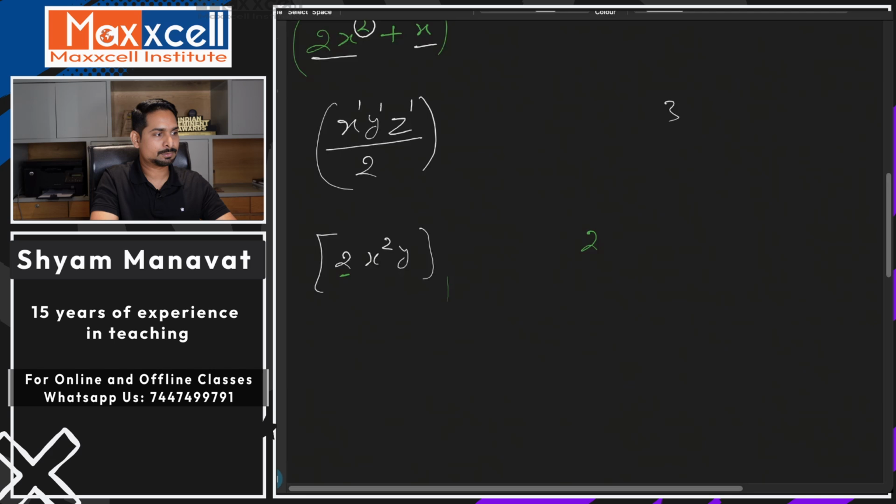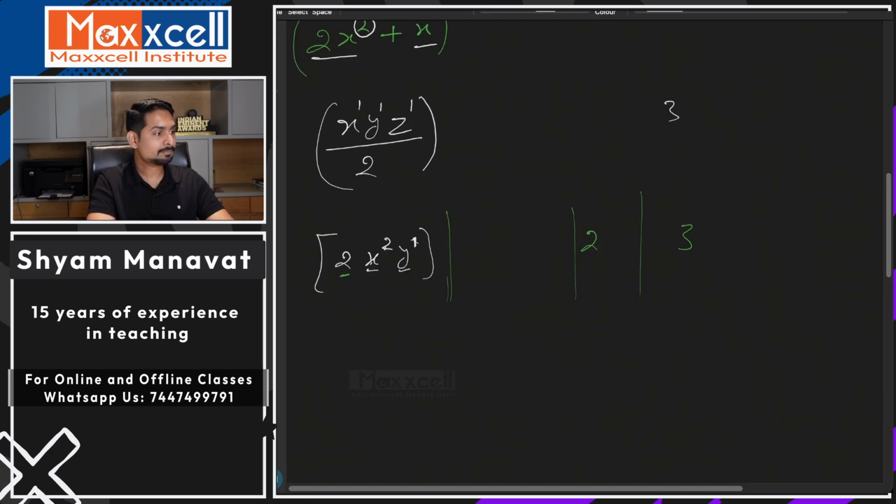And the degree here is, you got 2 variables in one term. So x power is 2, y power is 1, 2 plus 1. You add the powers and say that is the degree of this term, or order of this term. Am I clear?